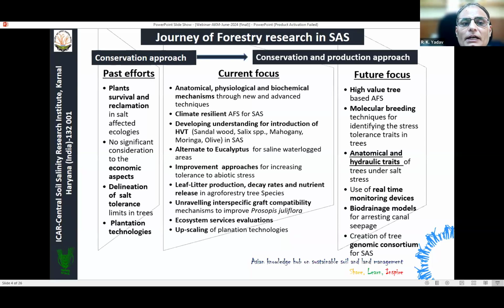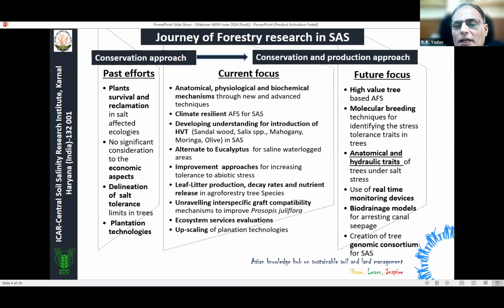In the past, we have worked on different forestry practices. We were mainly concerned about plant survival, then we went for plantation technologies, then delineations of salinity tolerance among species. Currently, we are trying to understand the anatomical, physiological, and biochemical mechanisms across different species, and how we can increase salinity tolerance.